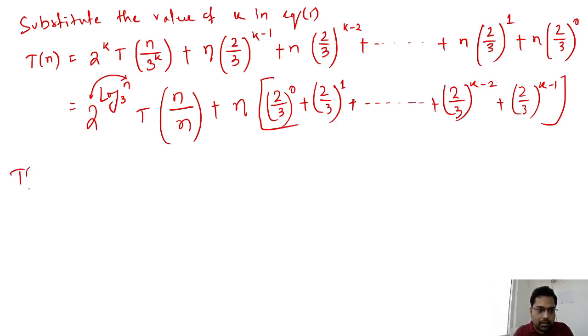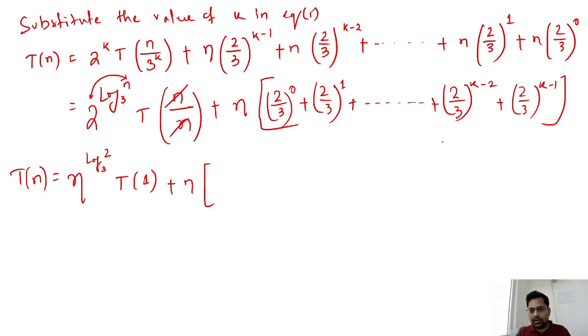Now t of n will be n to the power log 3 base 2, and t of n by n is 1, then plus n. Here, as for the GP properties, we have to find a, like we read a by the r condition. Here the r is 2 by 3. Whether 2 by 3 is less than 1 or not. Yes, of course it is less than 1.